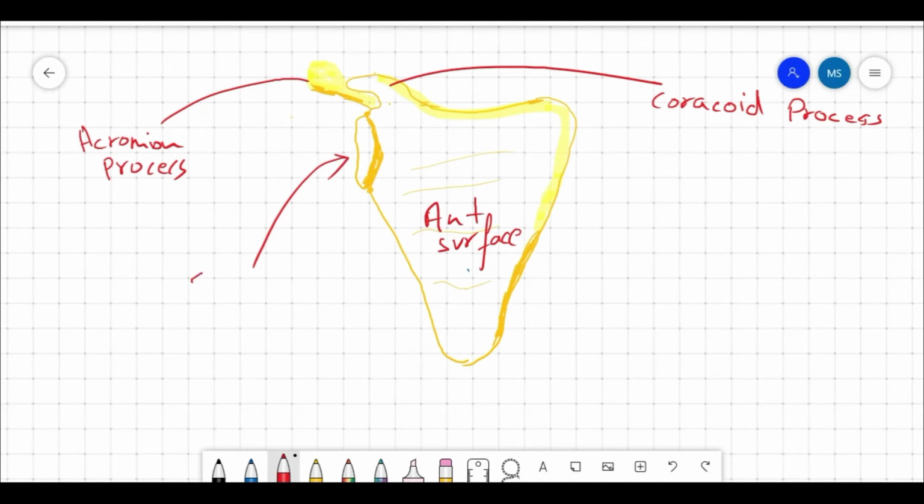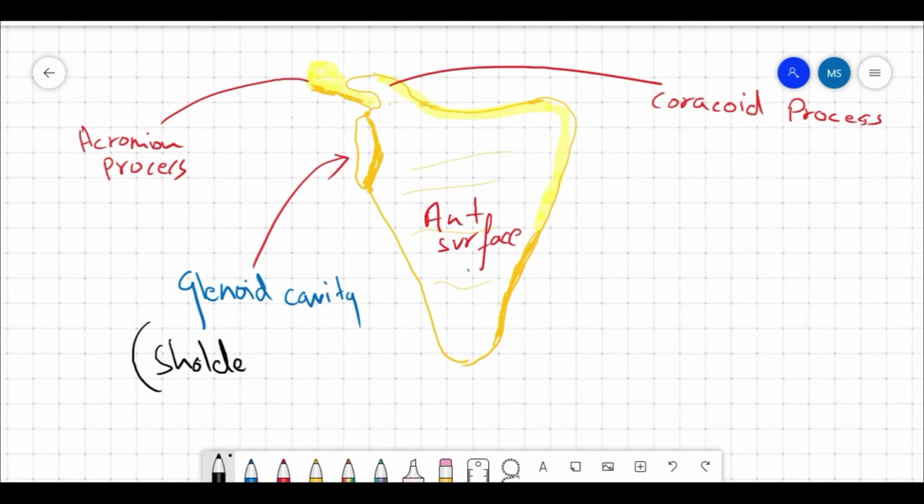Let me change the color. The glenoid cavity articulates with the humerus bone and forms the shoulder joint. Another joint is also formed with the clavicle.